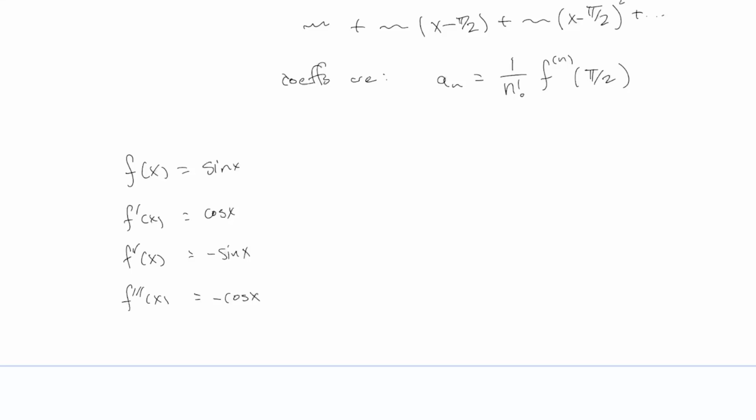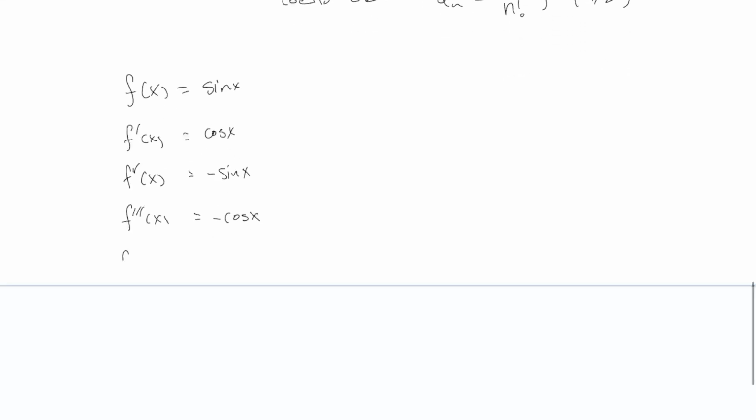This is the same thing that we did last time, the same kind of pattern. And then after that, for the fourth derivative and further, it's going to repeat again, right? So it goes sine and then cosine and then minus sine and then minus cosine, and then the same pattern will occur again. Sine and then cosine and then negative sine and then negative cosine, and so on.